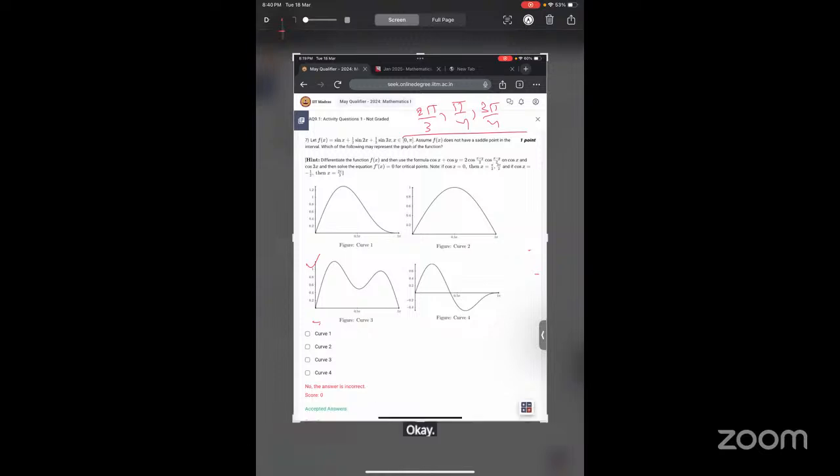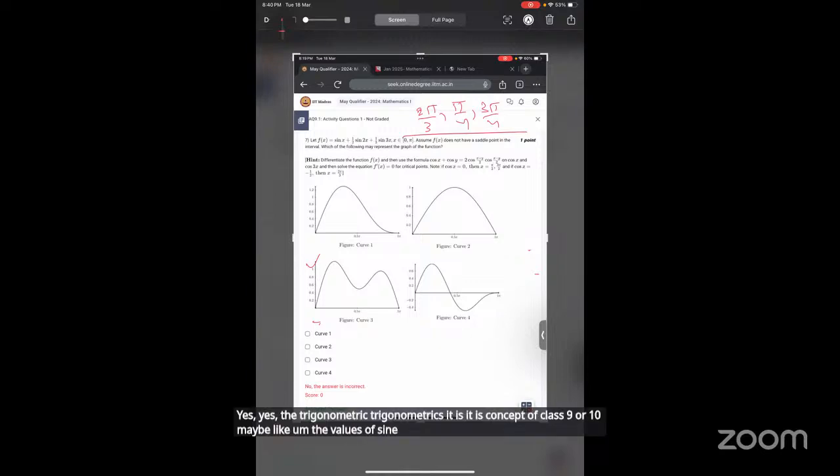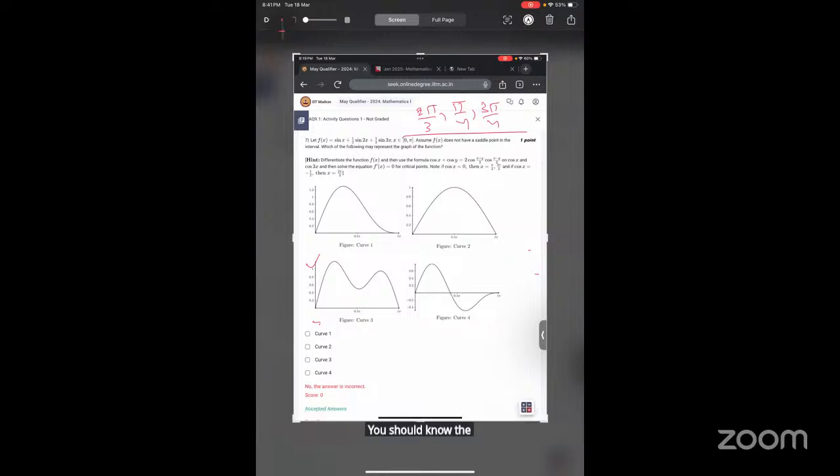The values of sine, cos, and tan at only 5 angles, if you know: 0, pi by 6, that means 30 degree, 45 degree, 60 degree, and 90 degree. So at these 5 different theta values, you should know the value of sine, cos, and tan. If you know this, then we can do this.